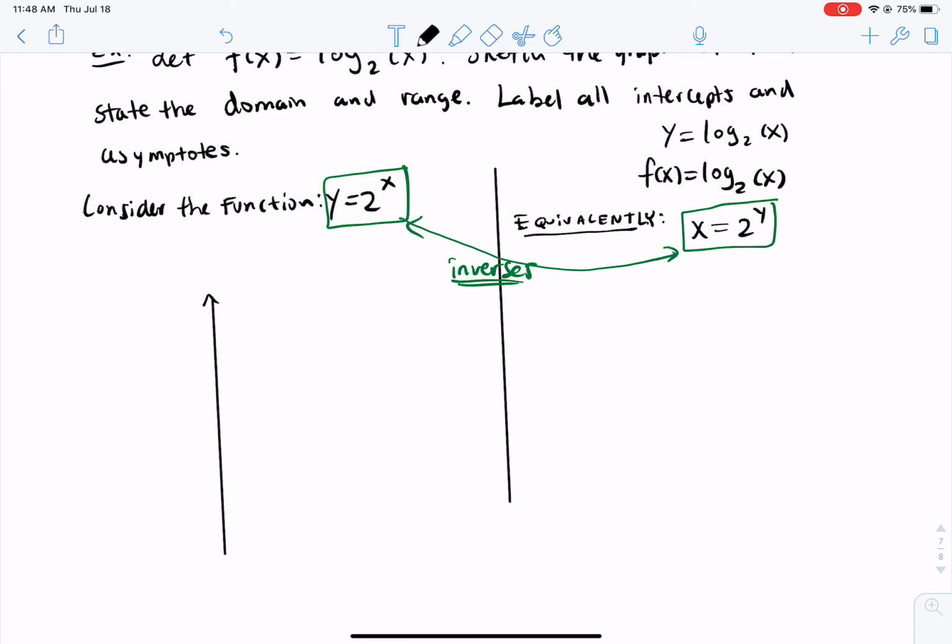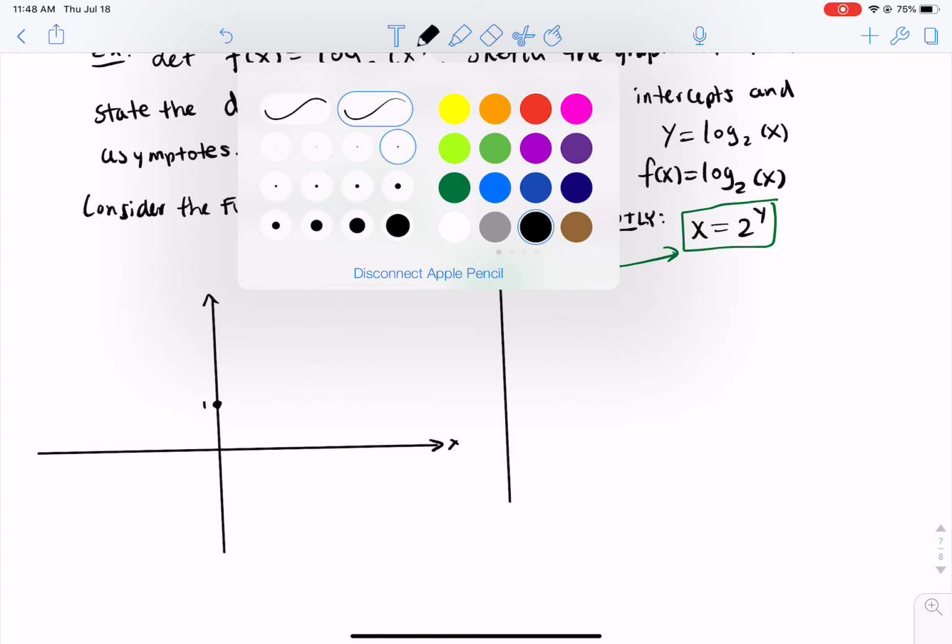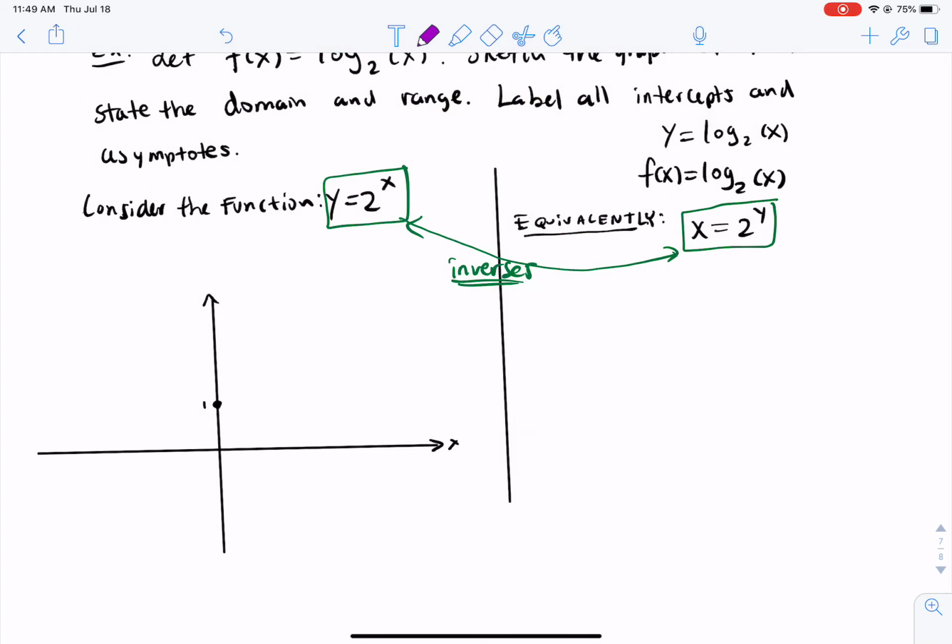And I'm going to label everything that we know about this. So here is x. I'm going to shift this a little. And it passes through the point (0, 1). And this one looks like this.